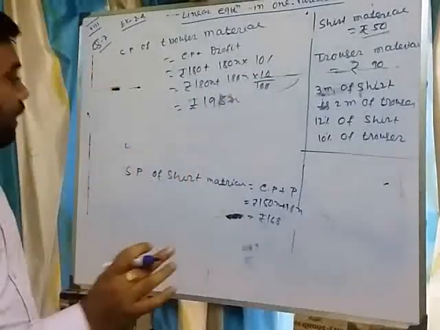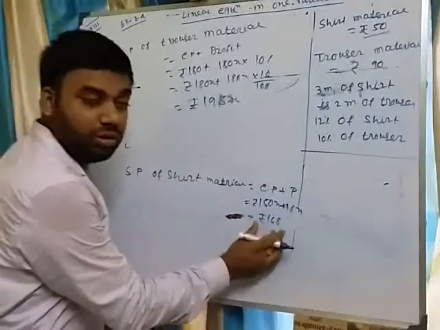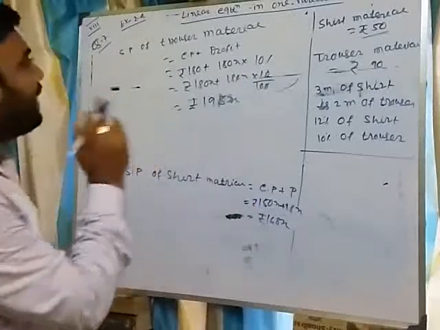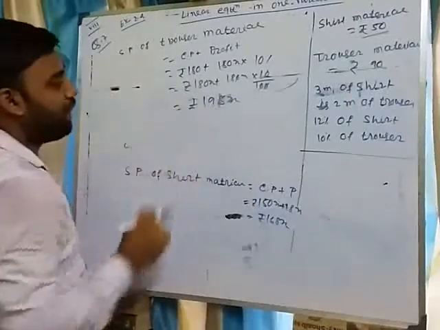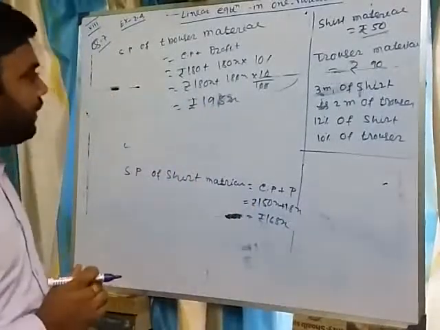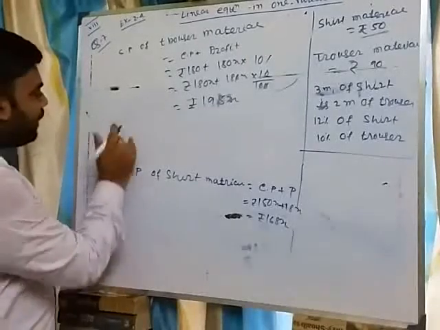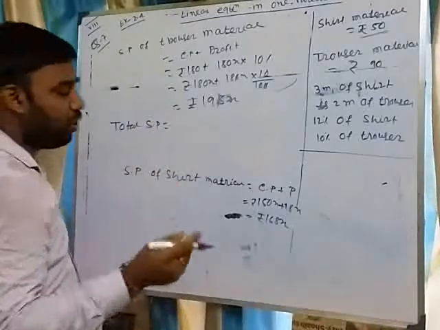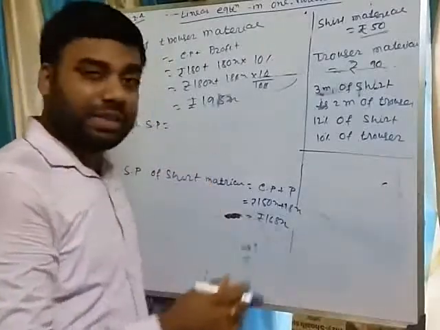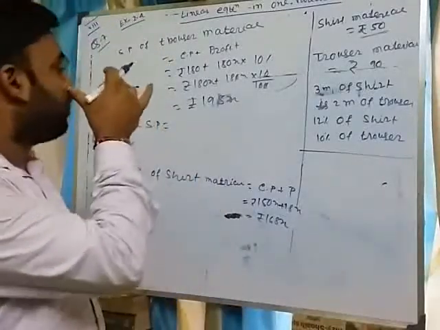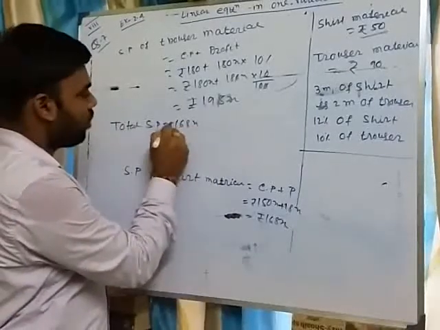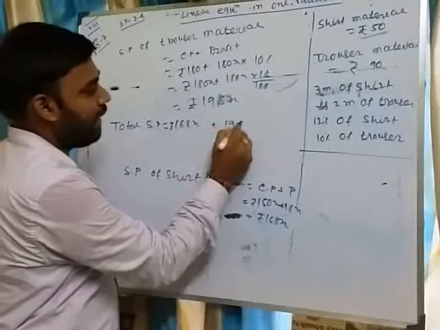So the selling price of shirt material is rupees 168x, and the selling price of trouser material is 198x. So the total selling price, shirt material and trouser material together, is 168x and 198x.